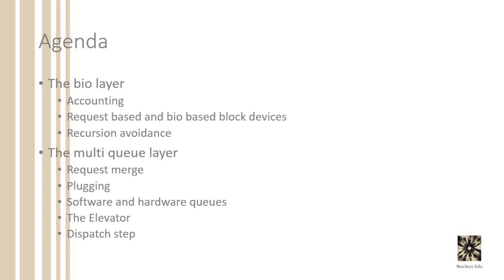And then we're going to discuss recursion avoidance, how it can occur, and how the code is written to avoid recursion, right? So the second part of this session would be in the second video, which will discuss the multi-queue layer. So let's get started with the bio layer.